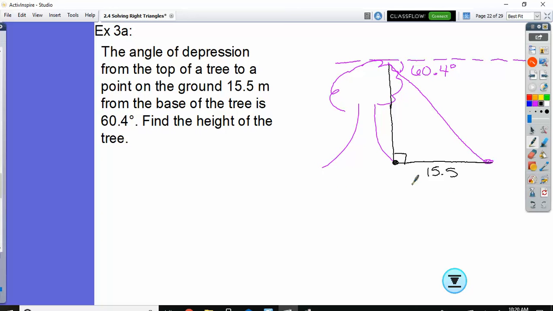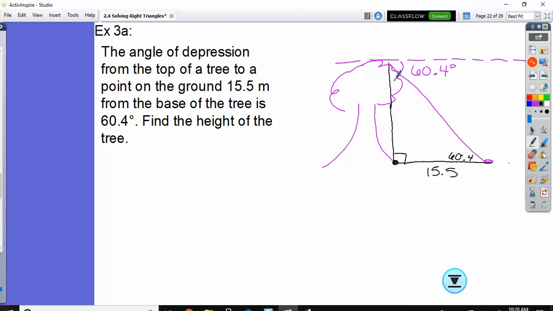No. So we have to find the angle on the inside. A couple ways of doing that. We know that these two should add up to 90. So you could do 90 minus the 60.4. Or you could do alternate interior angles. These two lines are parallel, so this angle down here should be 60.4 as well. However you want to think about that.